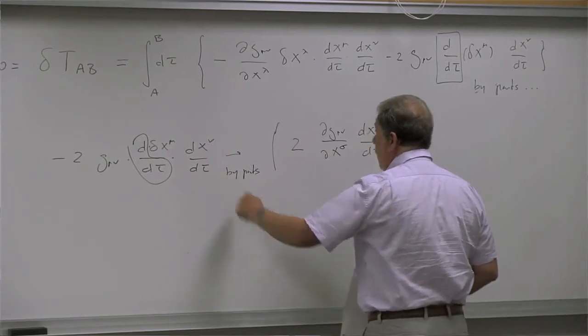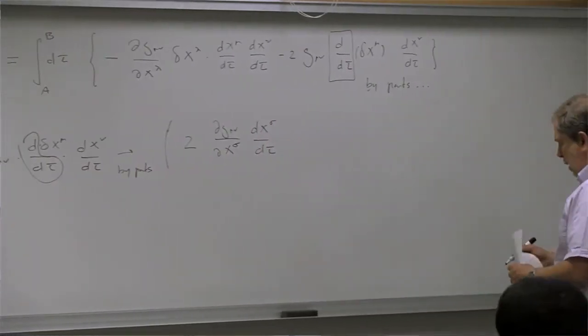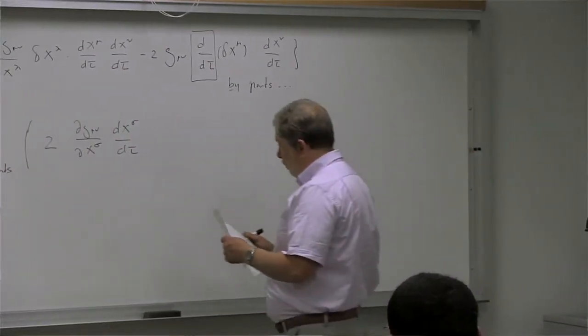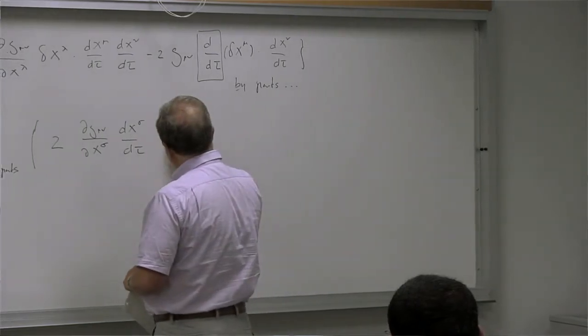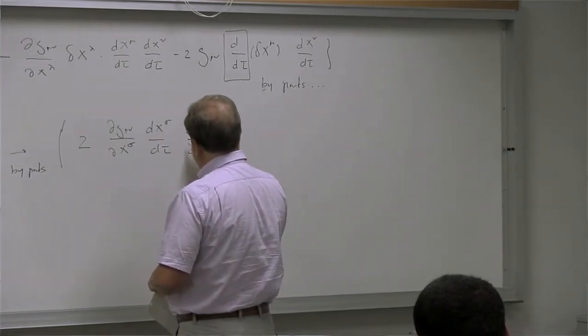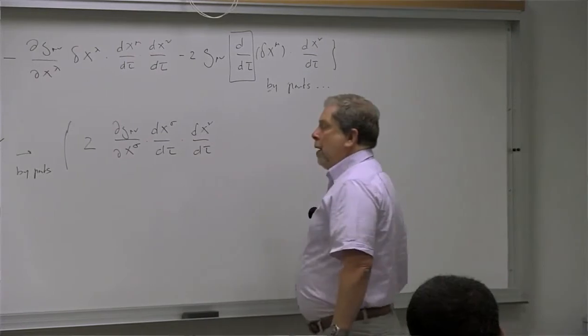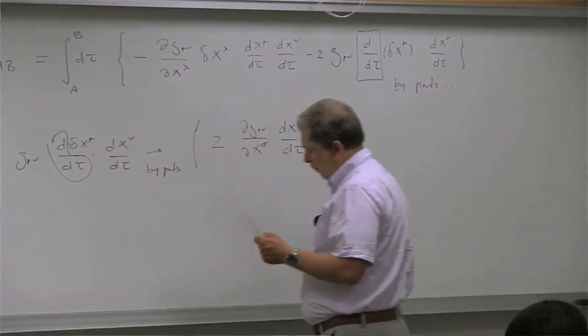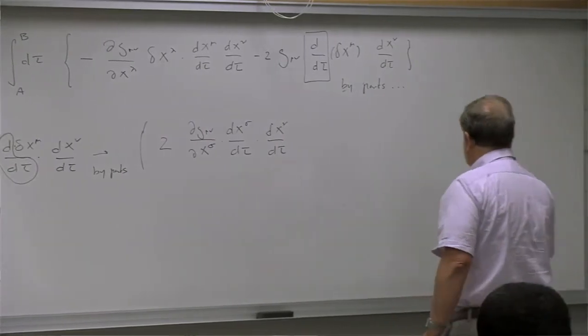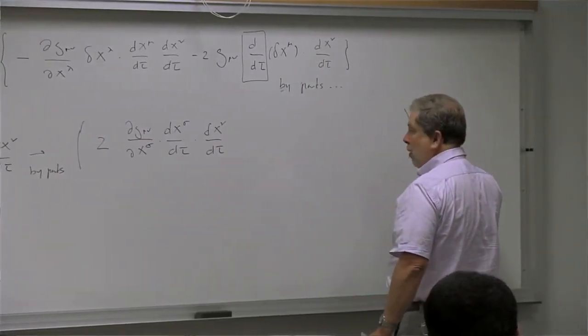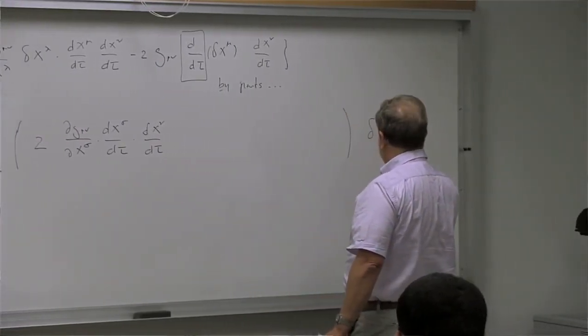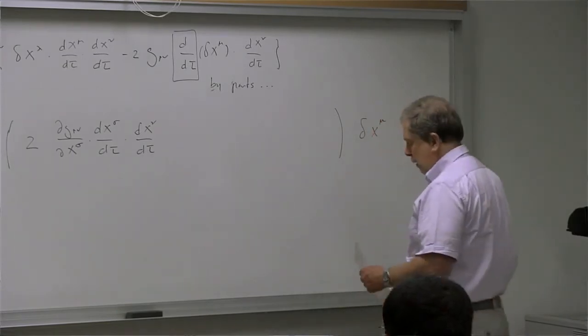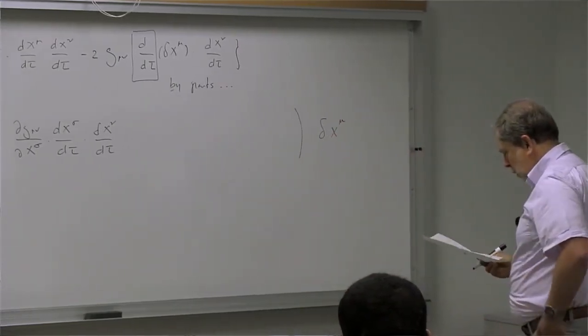And then, of course, we're still left over with dx nu by d tau, which we just carry over, and then times this variation, which we're going to write over on this side as dx mu. We're going to factor that out.